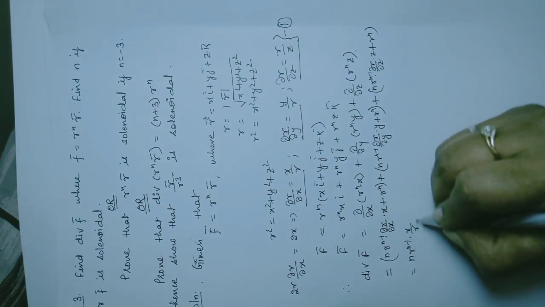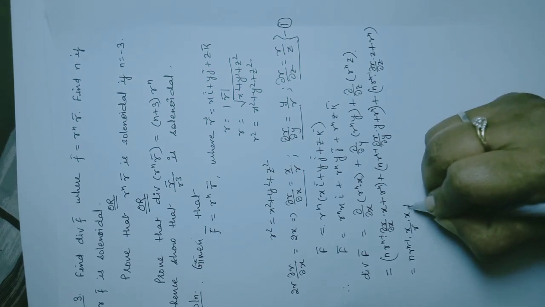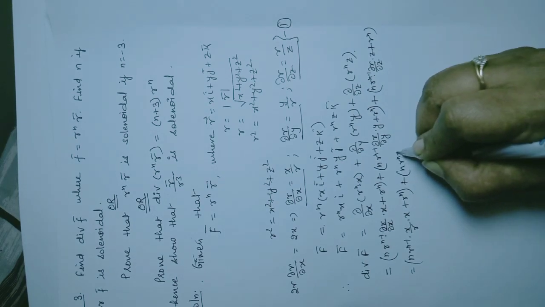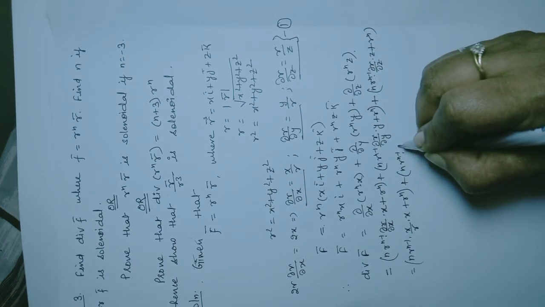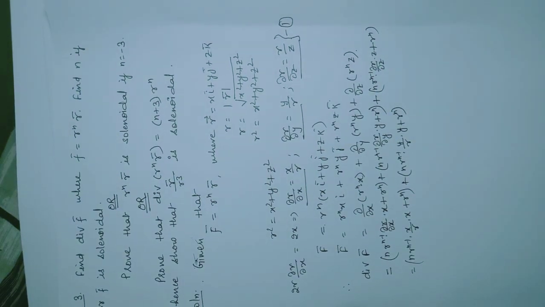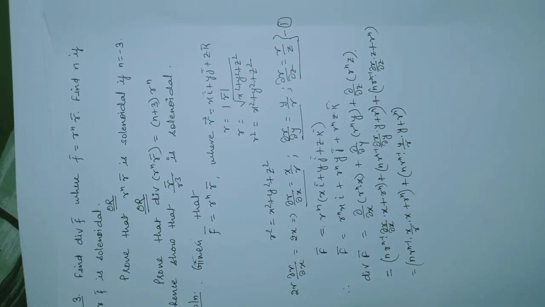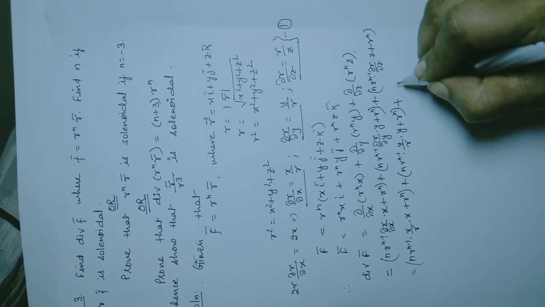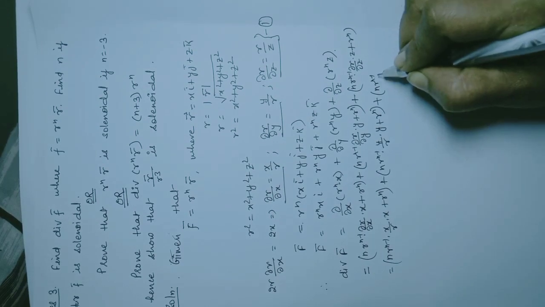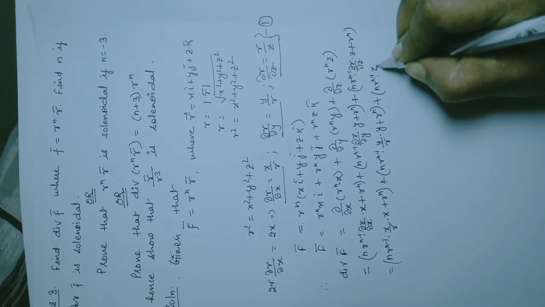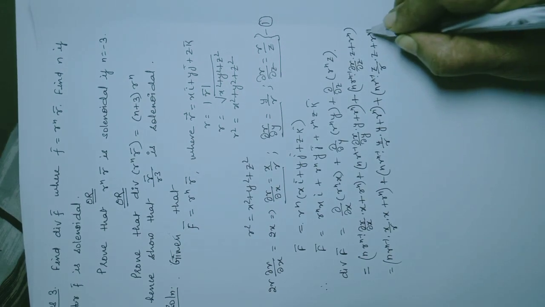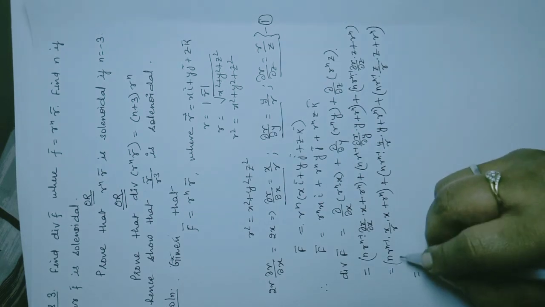So substitute this value as x by r into x as it is, plus rⁿ, plus n rⁿ⁻¹ ∂r/∂y, which is nothing but y over r into y plus rⁿ, plus the value of this is nothing but z over r into z plus rⁿ.